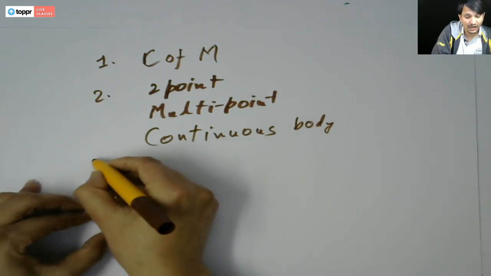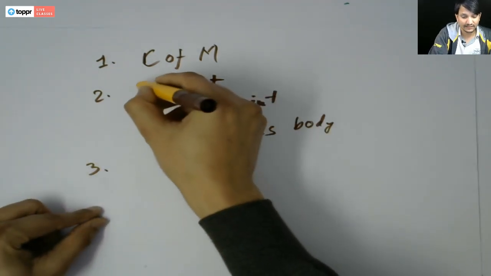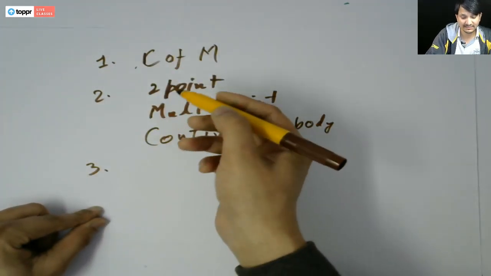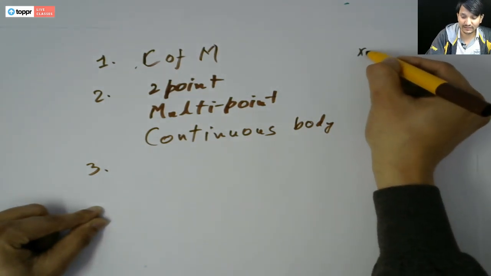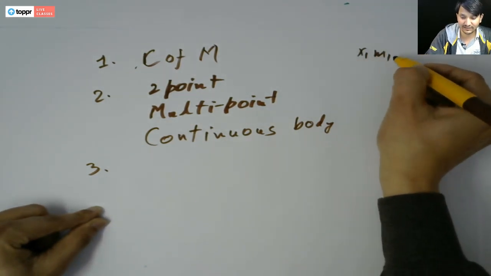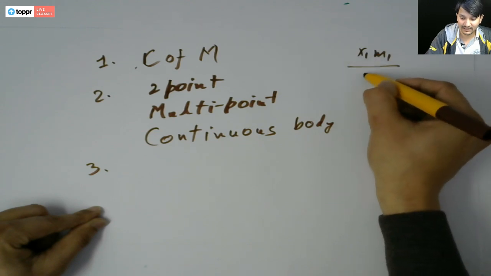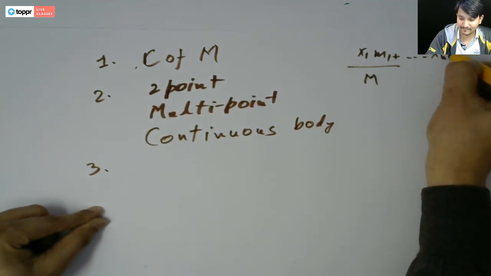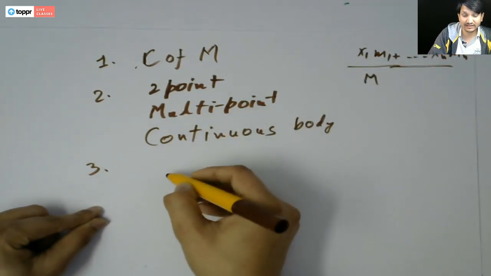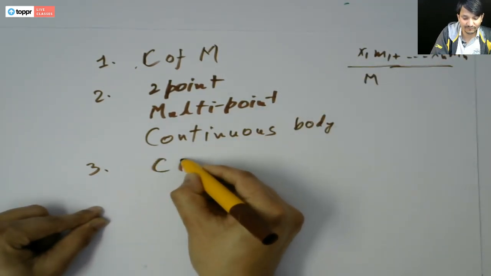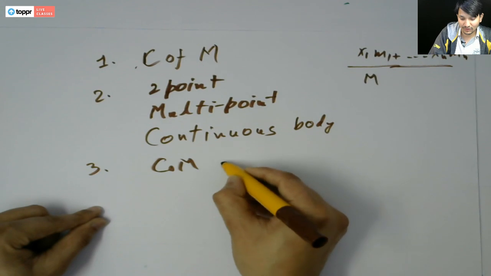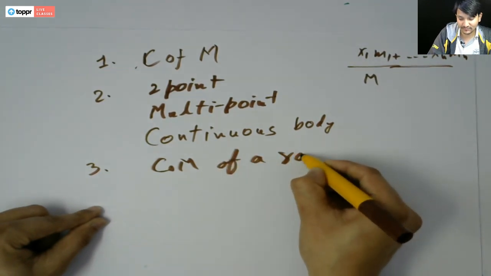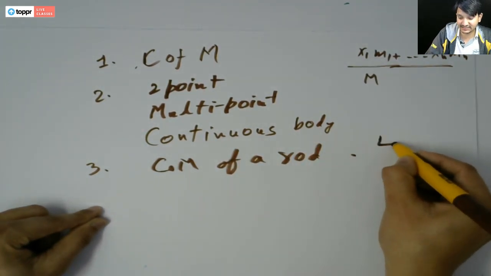We saw how the concept of center of mass and the formula of x1 m1 divided by m was translated to form the center of mass of a rod, which is located at a distance L by 2.